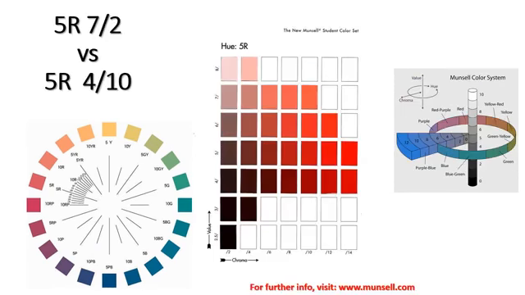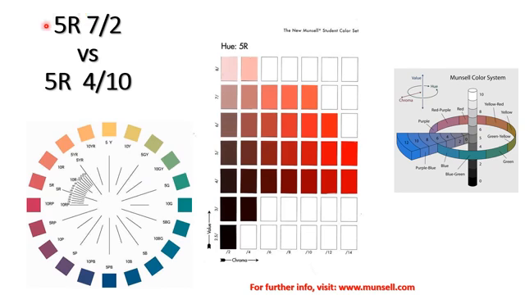Now each color is designated with what is referred to as the color notation. For example, a color 5R 7/2. This notation refers to these three attributes of the color: hue, value and chroma.